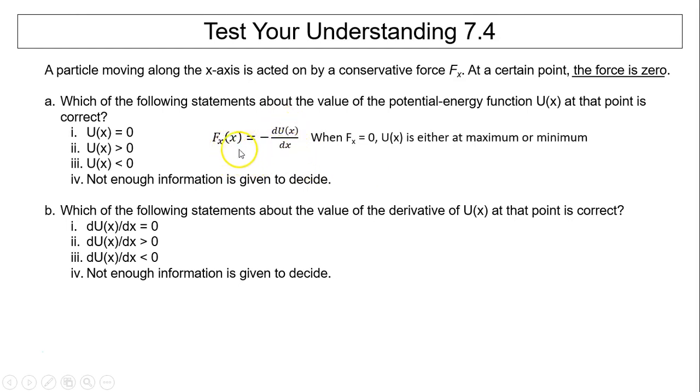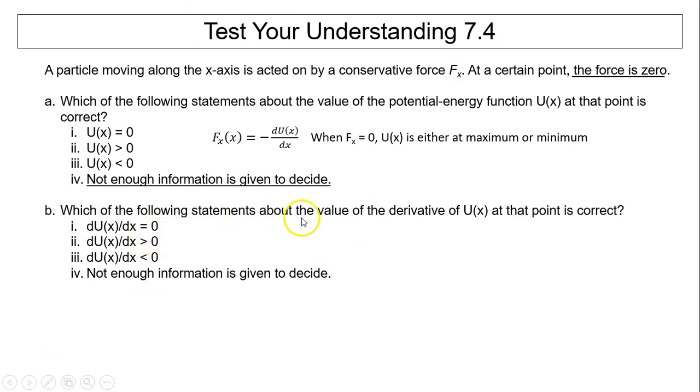So when force equals 0, that just tells us the derivative equals 0. It doesn't really tell us the U value, except we know at that point U(x) is either at a maximum or minimum. We don't know. It could be 0, it could be greater than 0, it could be less than 0. So for this question, the answer is there is not enough information given to decide what the value of U is.